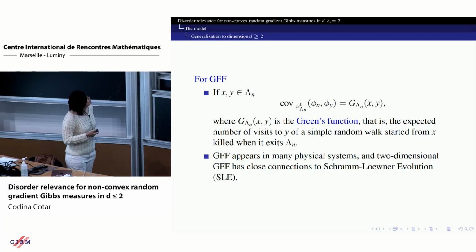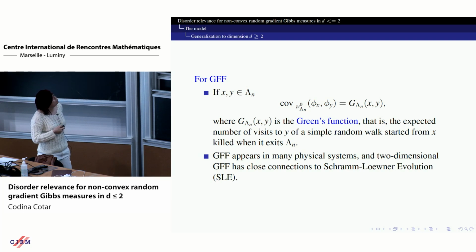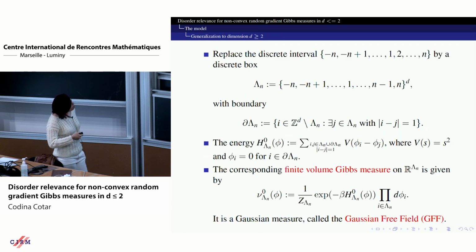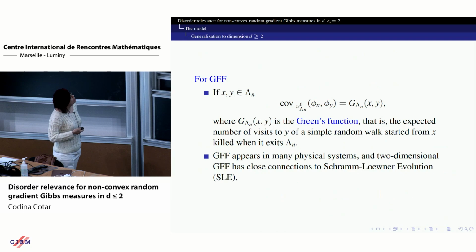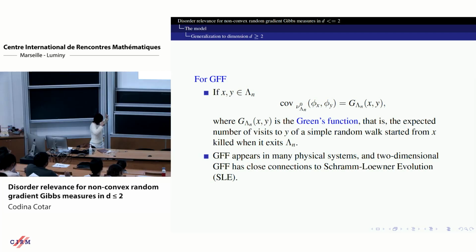Some properties that we have: if I look at the covariance of these height variables phi_x, phi_y with respect to this Gibbs measure, I end up with a Green's function, and we will recall this later on when we come back to some of the tools that we use for this kind of models.